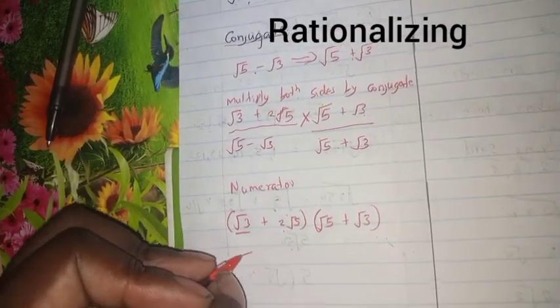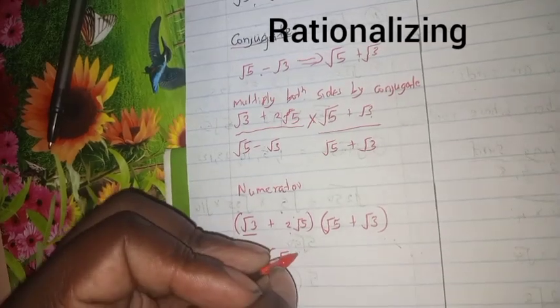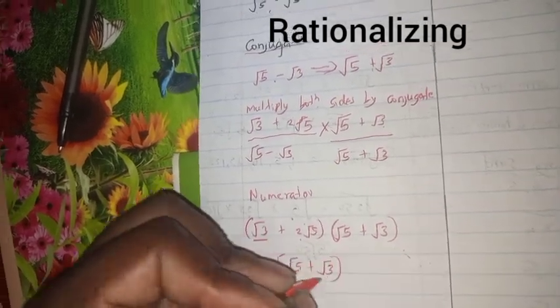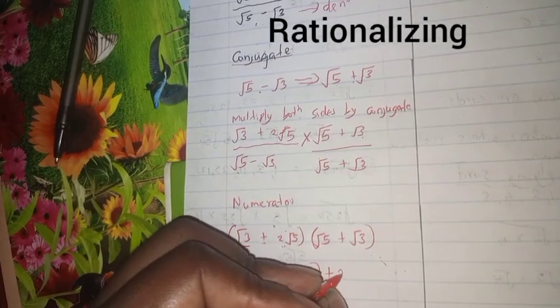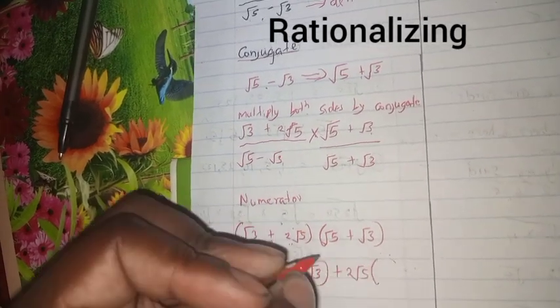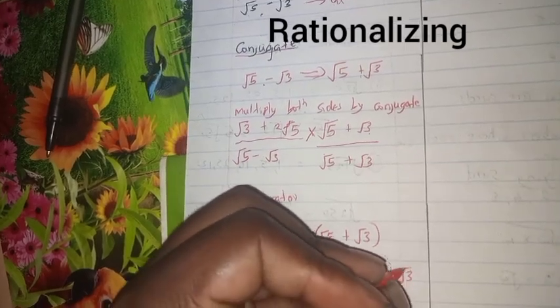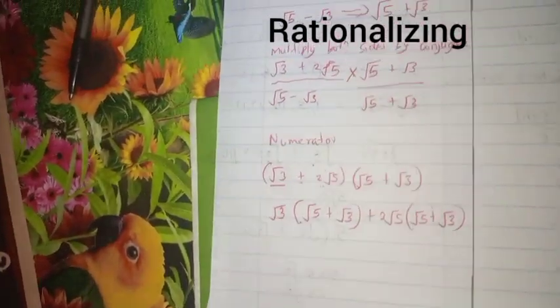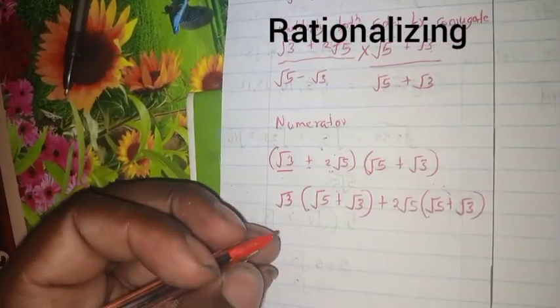That means we'll have root 3 in bracket root 5 plus root 3, plus 2 root 5 in bracket root 5 plus root 3. In other words, we use the first bracket to open the second bracket. That is the method of expansion.